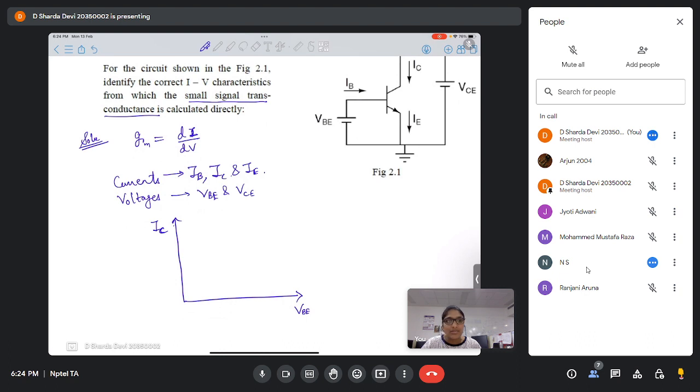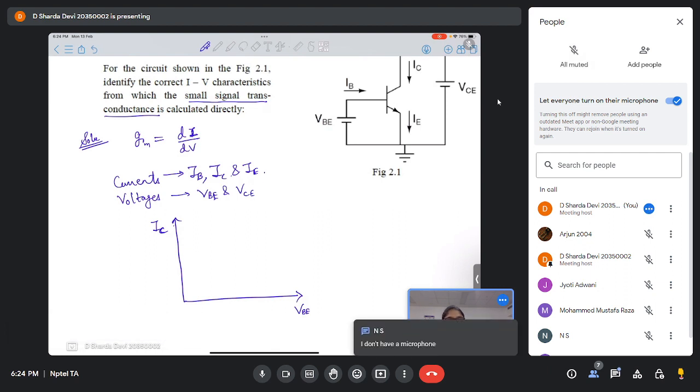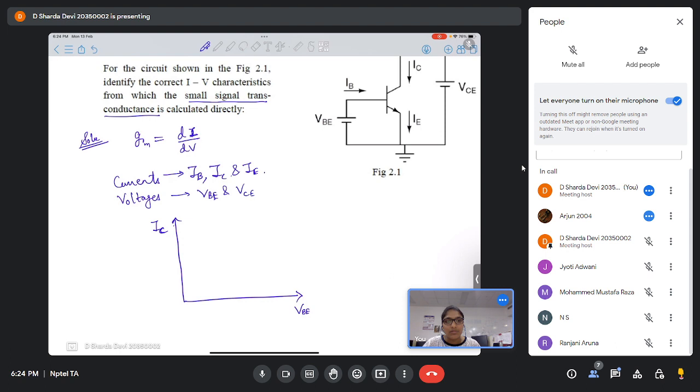Can I request NS to please mute? Okay. Now, can you people unmute? Like Arjun, you were talking, right? Can you unmute yourself? Yes, ma'am. Okay. Now it is clear, right? Yes, ma'am.